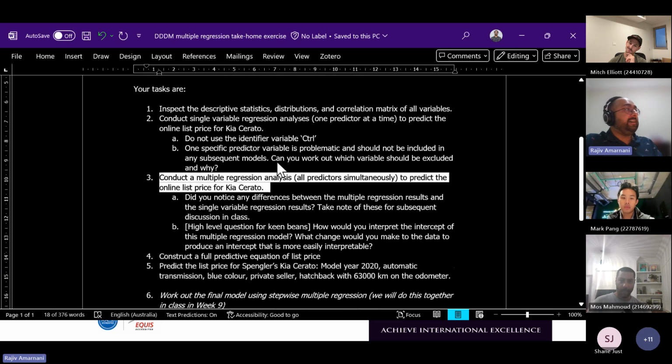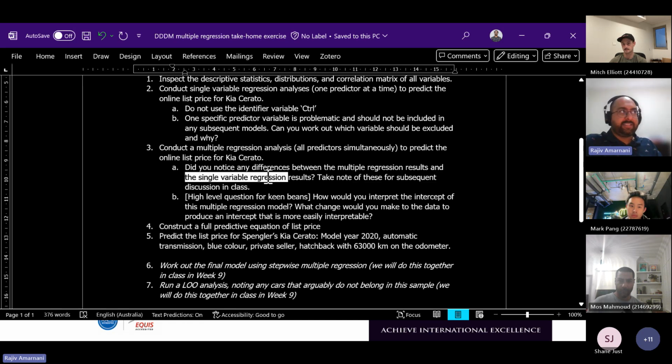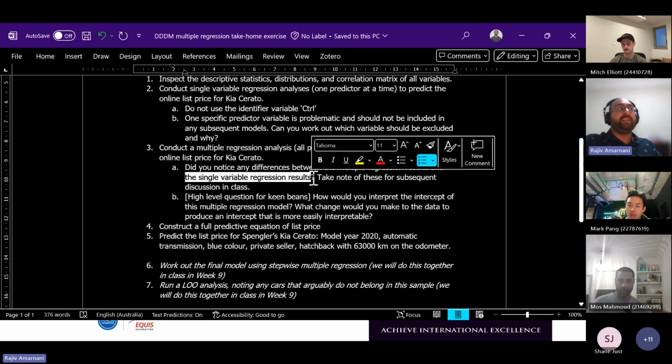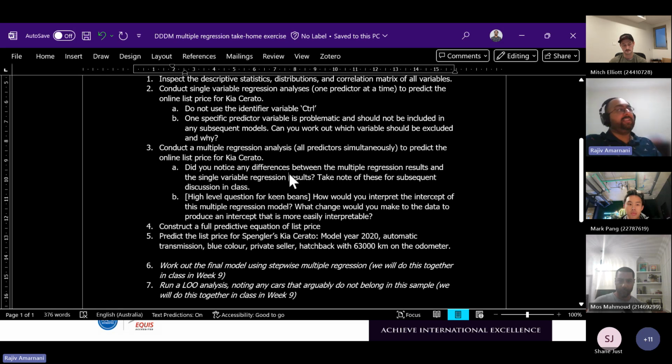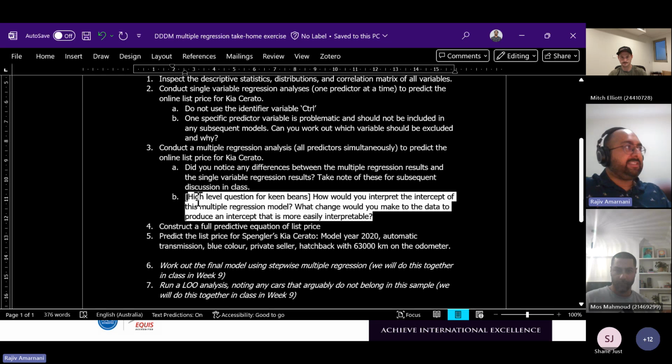Did anyone go through this and notice what the difference was between the single regressions and the multiple regressions? The main one was private seller. Yeah, so private seller was predicting list price on its own, but not in the context of other factors. And then of course we did this already.